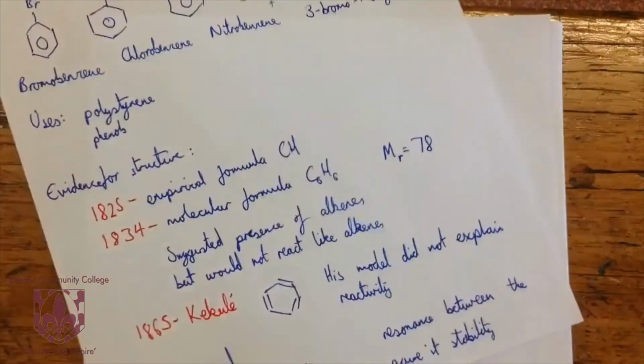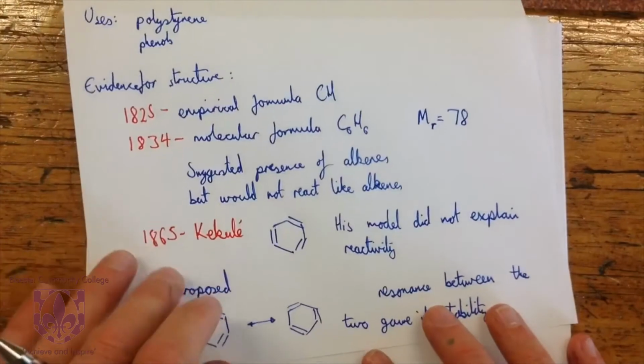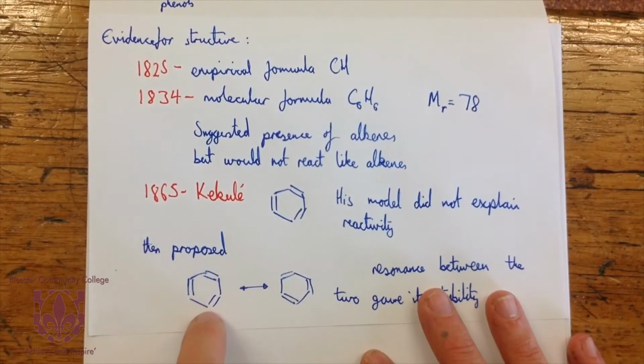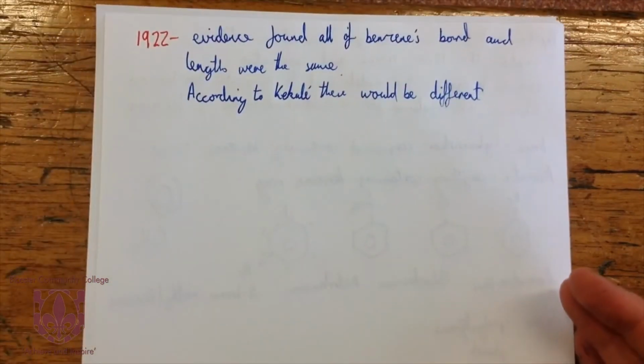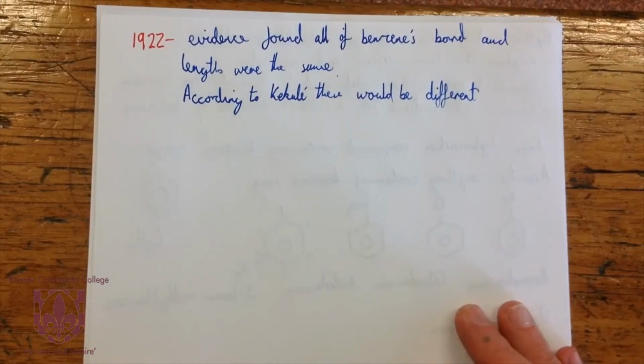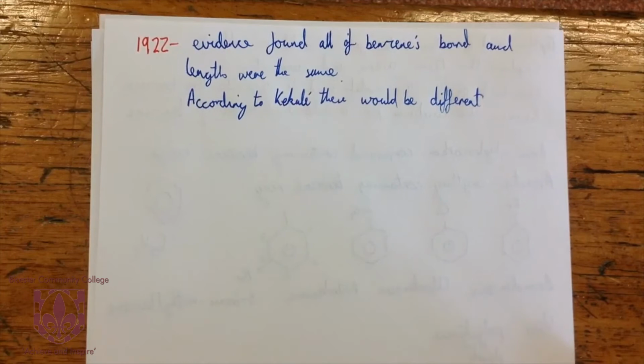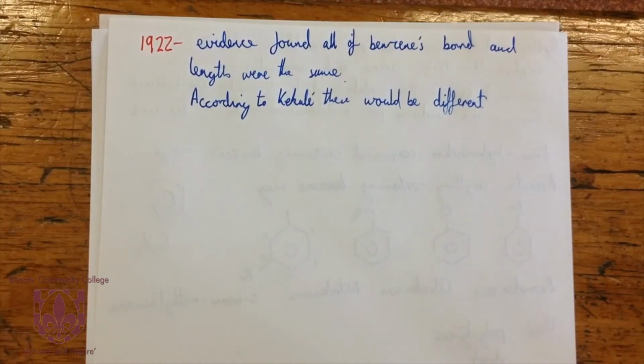Okay, so double bonds are shorter than single bonds in reality, and a carbon next to a double bond is going to have a different bond angle to this carbon here. Okay, so this was a bit strange, and there was one other piece of evidence that was quite odd as well, and this is in the hydrogenation.